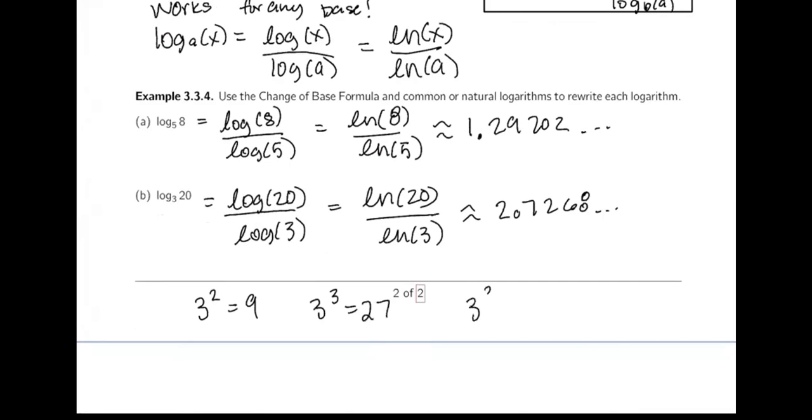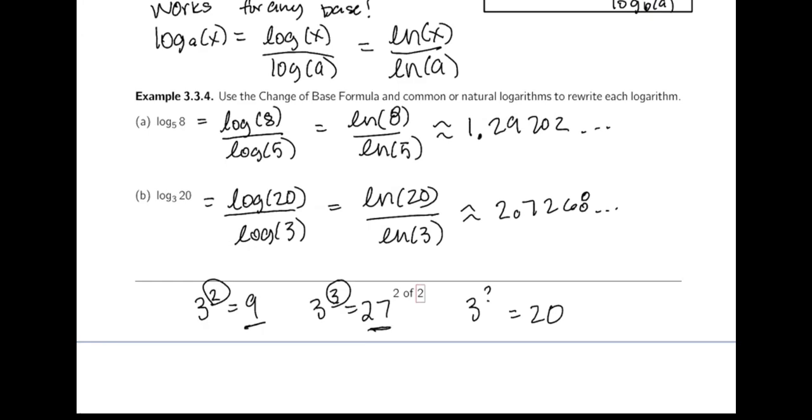So if I need 3 to some power equal to 20, it makes sense to me that my answer should be somewhere between 2 and 3, because I need 20 to be somewhere between 9 and 27. So an answer of 2.7 makes some sense to me.